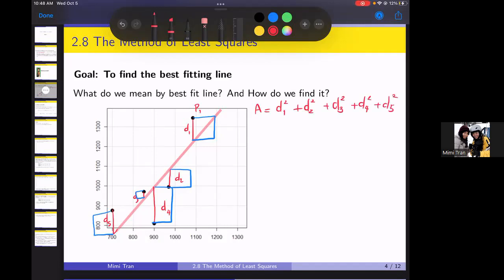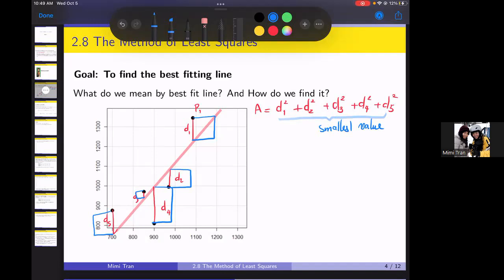In such a way that the sum of all these is the smallest value. So whoever has the smallest sum of the squares wins. Whoever has the smallest value of the sum of all those squares wins, and that will be your best fit line.